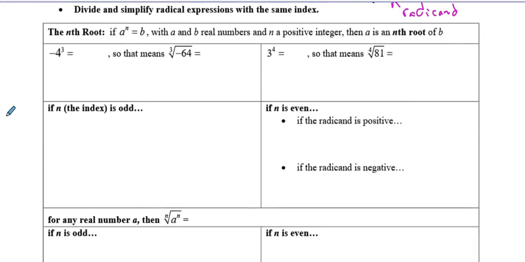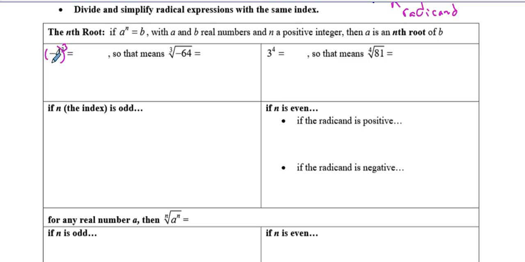Now we'll talk a little bit about what we're doing here if we're simplifying, right? So the nth root for any number, right? And you have this whole long statement here, and you can read that and try to understand it. It basically comes down to some simple explanations that I think examples will help you to see better, right? So first, let's do this. Let's pretend that there's a set of parentheses in here, because that parentheses is important.